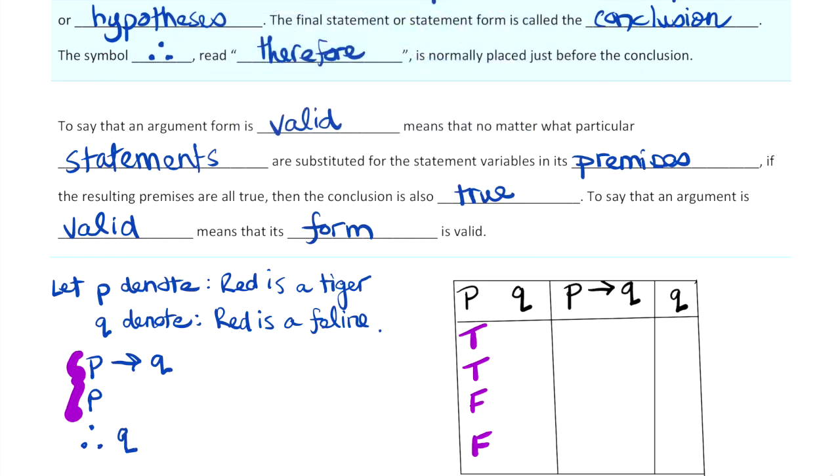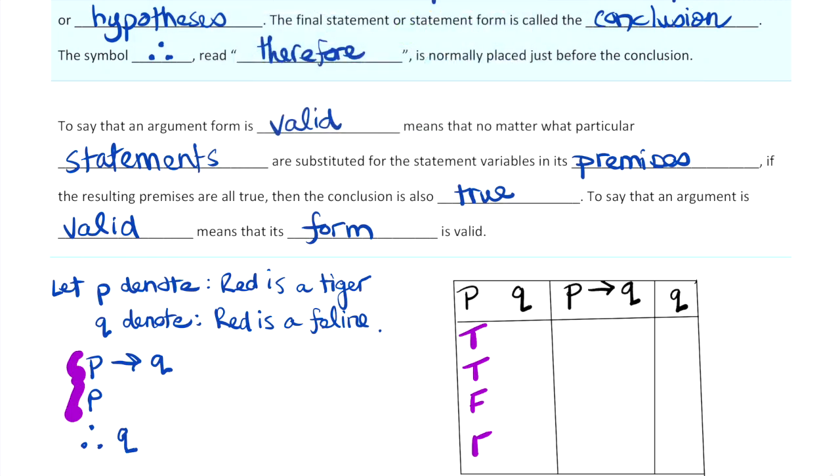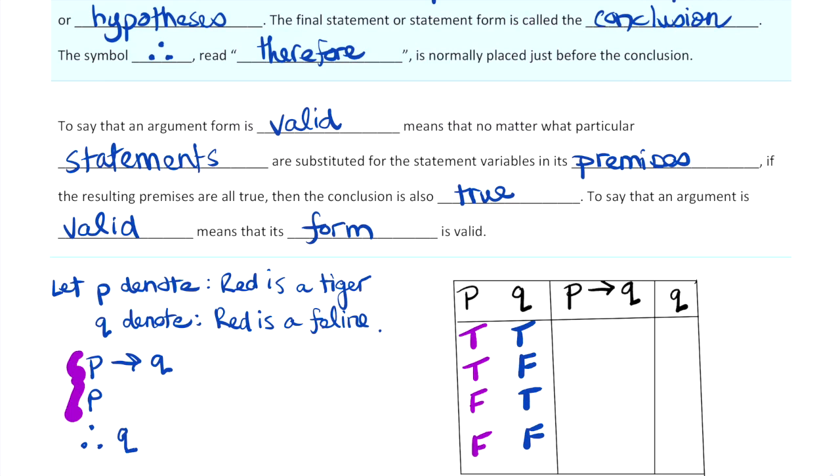For now I'm just going to write Q in this regular color. So Q is true, false, true, false.